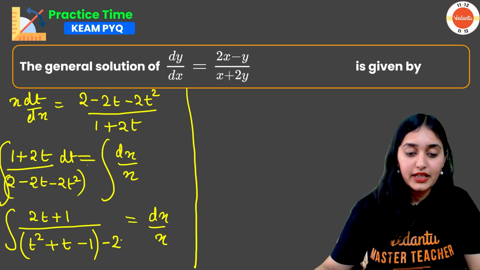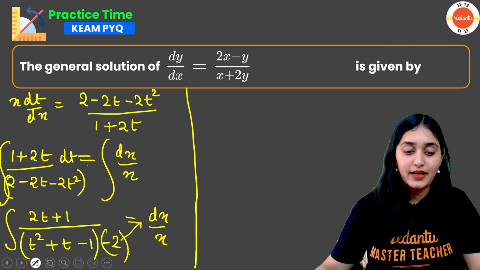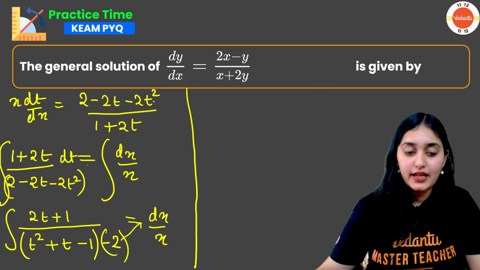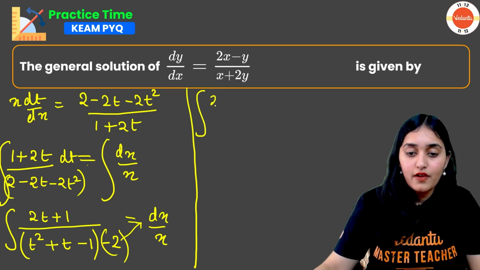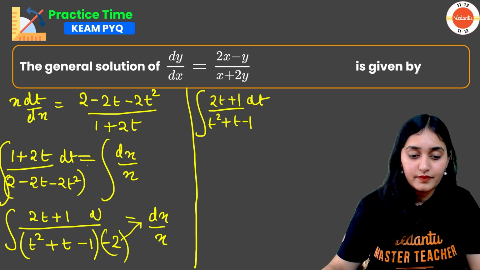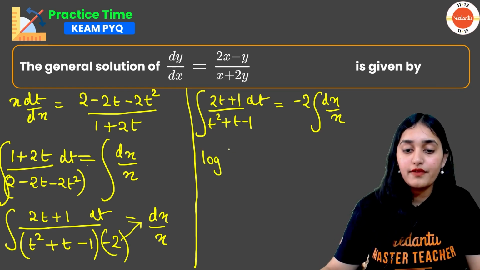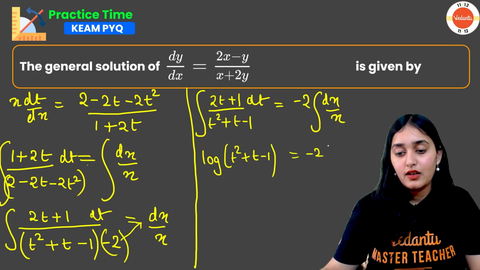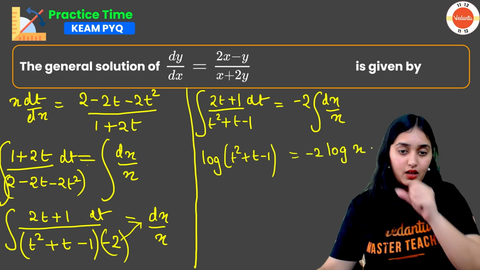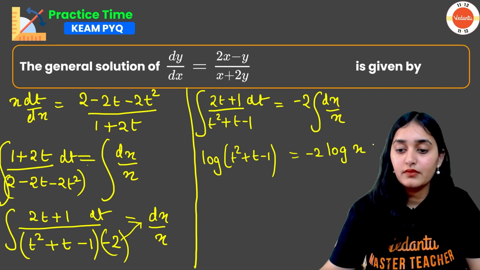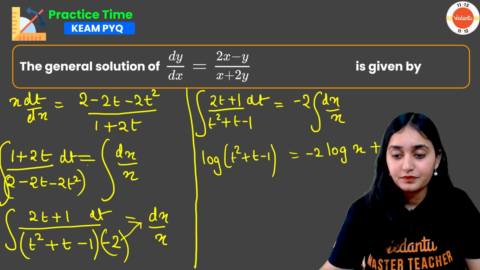I am bringing minus 2 on this side. This is multiplied with minus 2. So, I am just moving it to the other side. So, this is integration of 2t plus 1 upon t square plus t minus 1 with respect to dt is equal to minus 2 into integration of dx upon x. This is log of t square plus t minus 1. This is log of x plus constant. Okay.